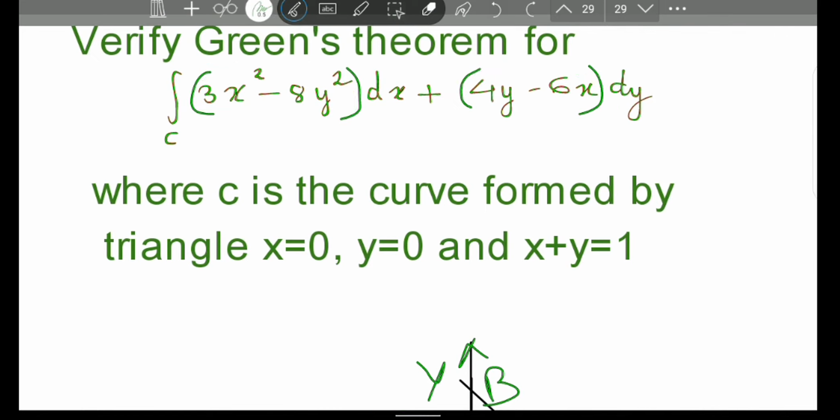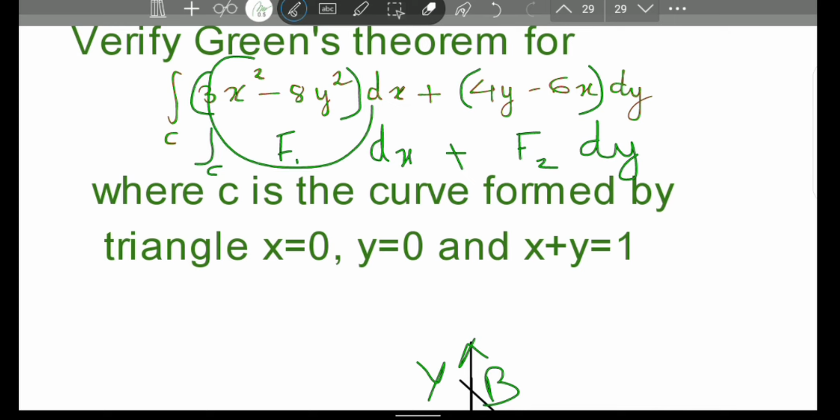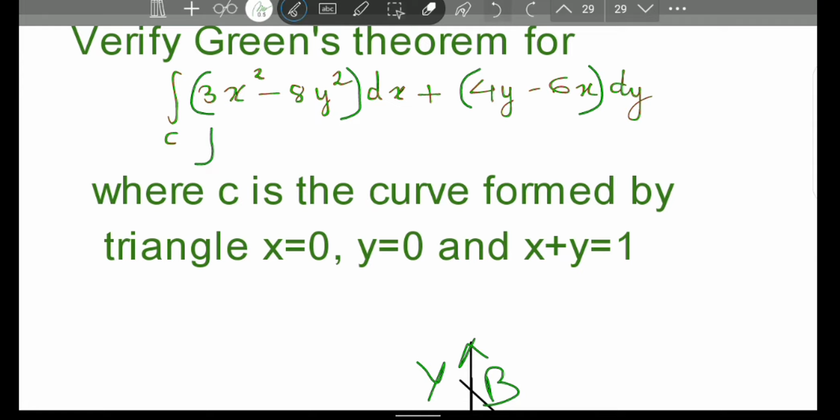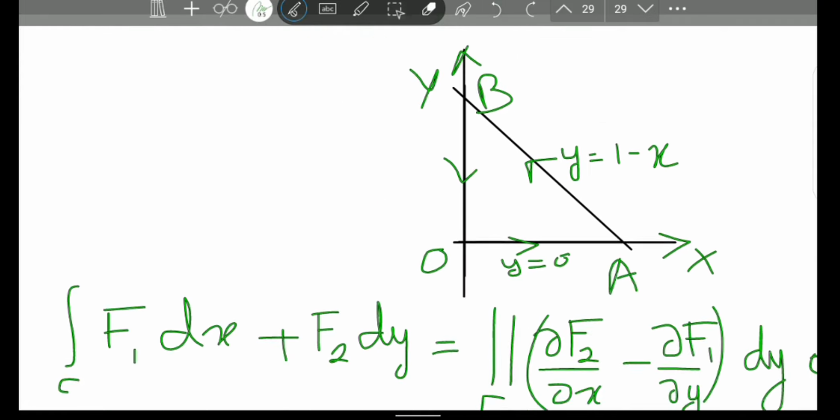Let's just write what we have in Green's theorem: integral over closed curve f1 dx plus f2 dy. Naturally, we should take f1 equal to 3x square minus 8y square, f2 equal to 4y minus 6x.